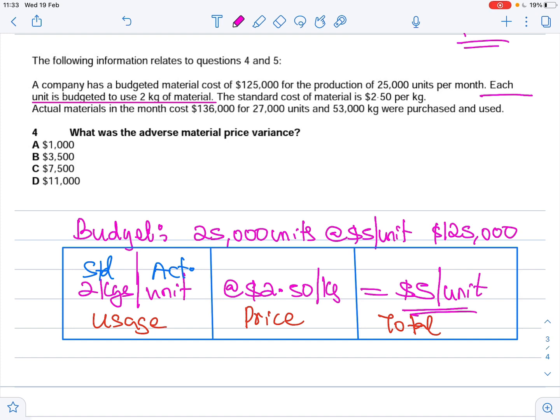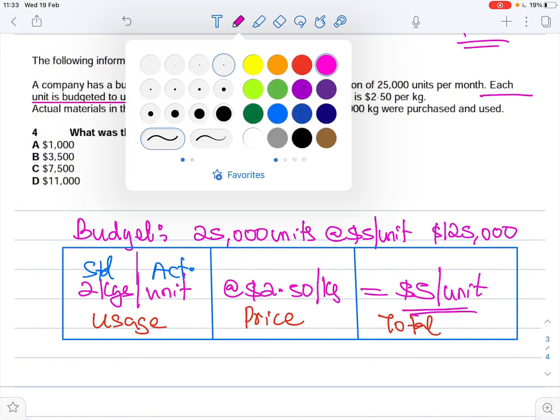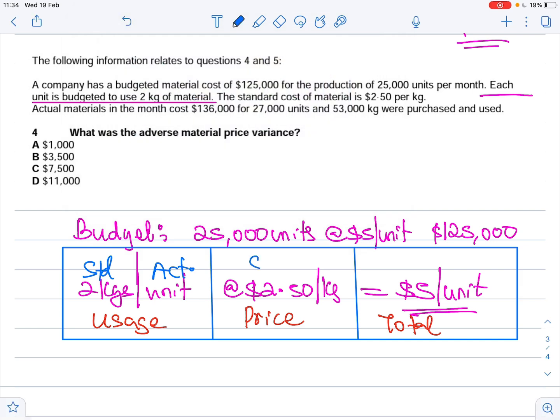On top of this 2.5, that's coming to the box of price, I'm going to have, let's do it in a way. Okay, so this is standard, and then this is actual. I'll do the same thing here. This is standard here, and this is actual. Why am I doing it this way? You get to know very soon. Okay. All right.